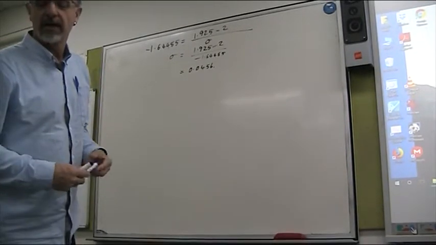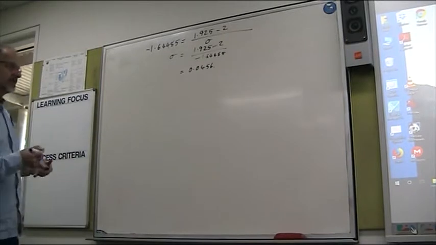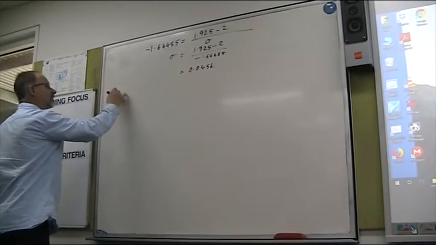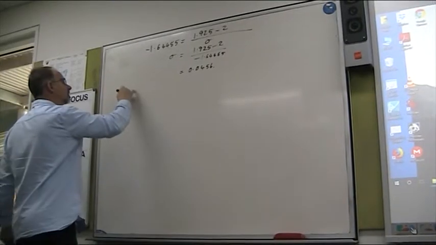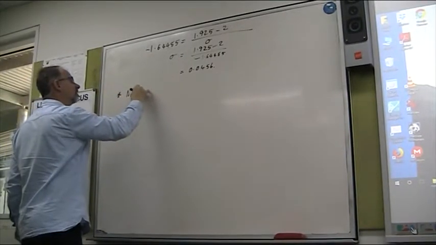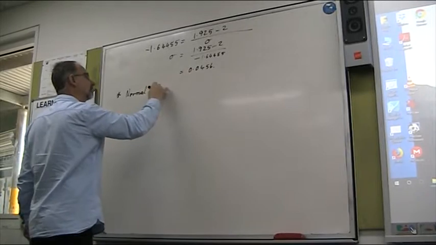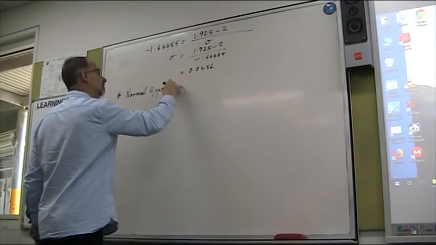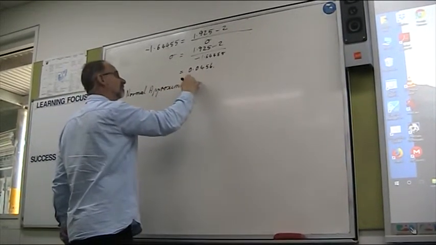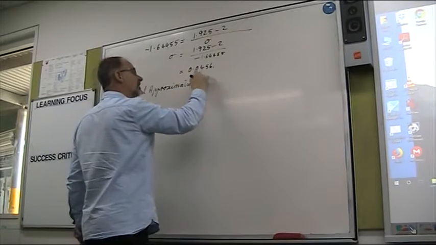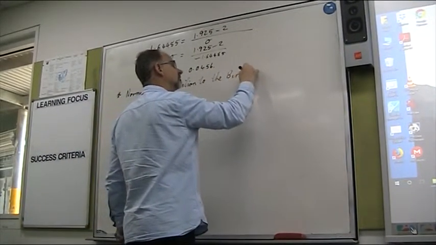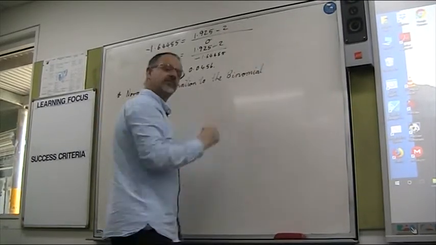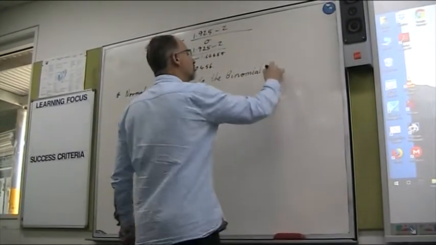The last thing we can do with the normal distribution is we can use it to approximate the binomial. So it's called the normal approximation to the binomial distribution.